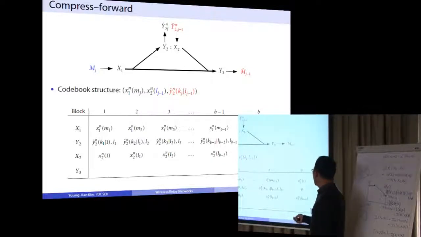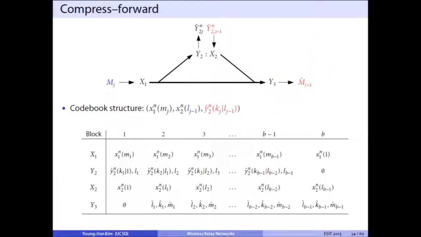In the next block, X2 is sending the hash of the quantization index, and finally the final destination recovers the hash, and based on that, it recovers the quantized codeword. Based on that and its own received signal, it recovers the message and moves on and on. So this is the so-called compress forward scheme.